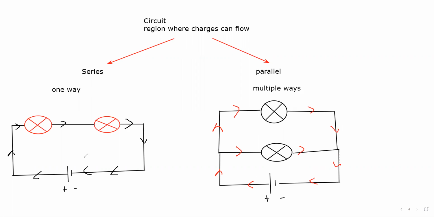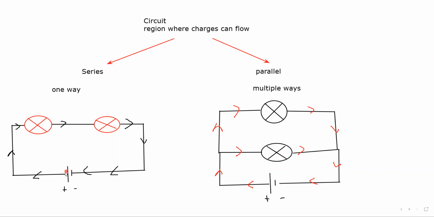In a series circuit, you can see the charges have only one way. There's no other passage for the charges to move. But in parallel, they have multiple ways. Say this is representing a charge. When the charge is entering, it has two possibilities: it can go up or it can move in the second branch and return back. Or if another charge enters, it can go up, flow through the component and then return back.